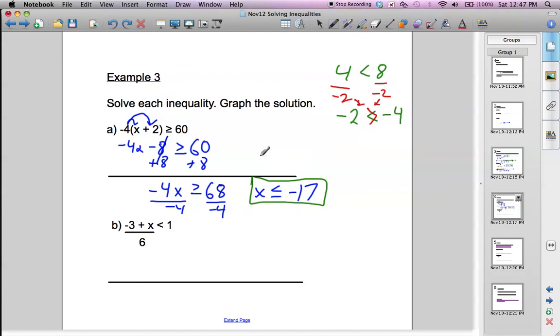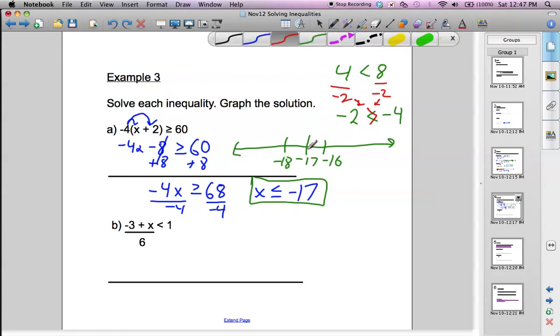Okay, so I want to graph that on a new line here. Negative 17 is what we're interested in. That's negative 16 and so on, negative 18. 17 is included, so we use a solid dot. It's less than negative 17, so it's going to go this way. There's your solution.